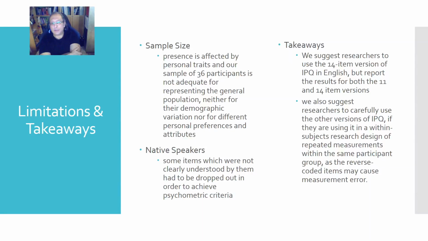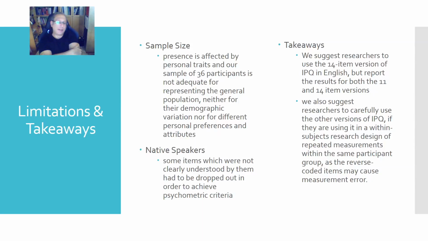Another criticism could be that our participants were not native speakers. In future studies, researchers should include some native speakers of English to assess the psychometric validity of the I-group presence questionnaire.